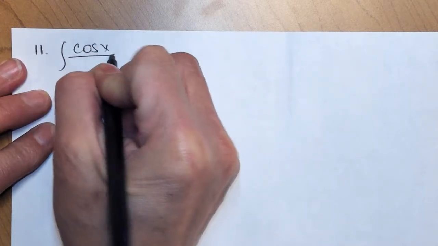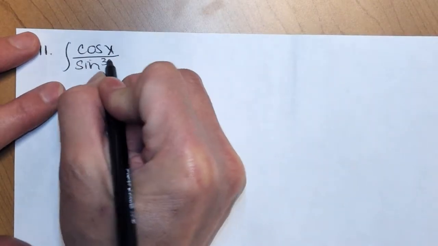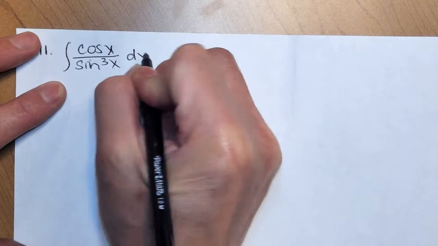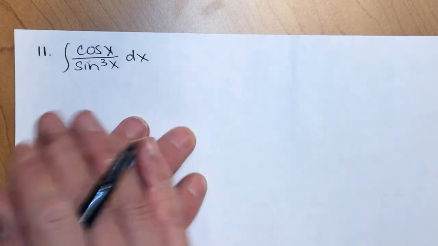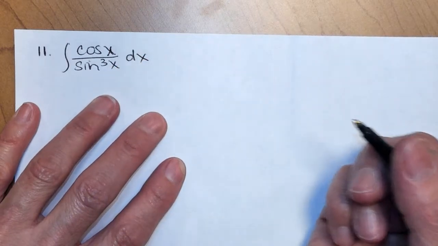cosine x over sine cubed x. Oops, what's going on there? Okay. So, there are many trig properties you could use to rewrite this.